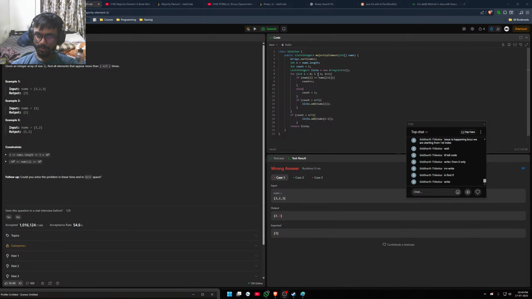What? We have to put one more or condition, like an and condition. And I, original condition. What is the original condition? You mean the count is greater than n by 3? What is the original condition there?